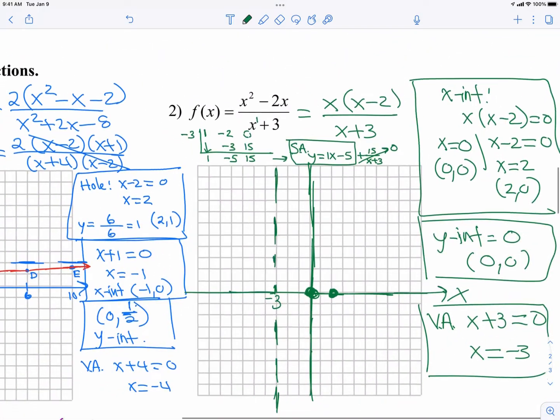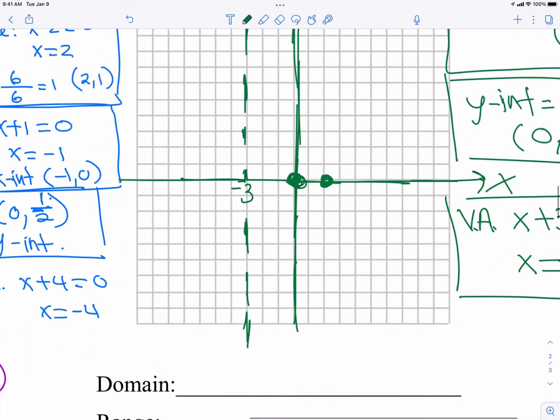Let's go ahead and put that on the graph. Y equals x minus 5, you're going to have a y-intercept of negative 5. So that's this point here. And then our slope is positive 1. So we go up 1 and over 1, and then just continue going up 1 and over 1. And so you have this slanted asymptote.